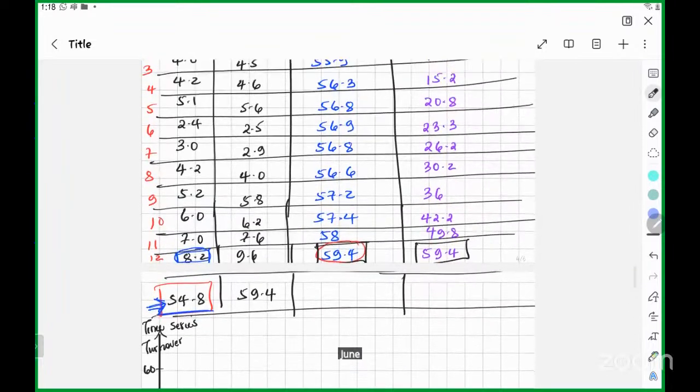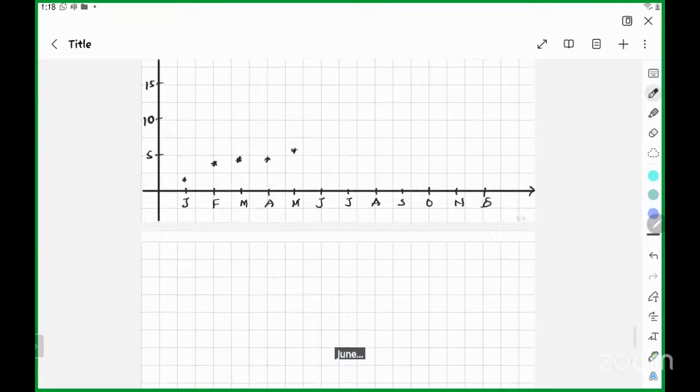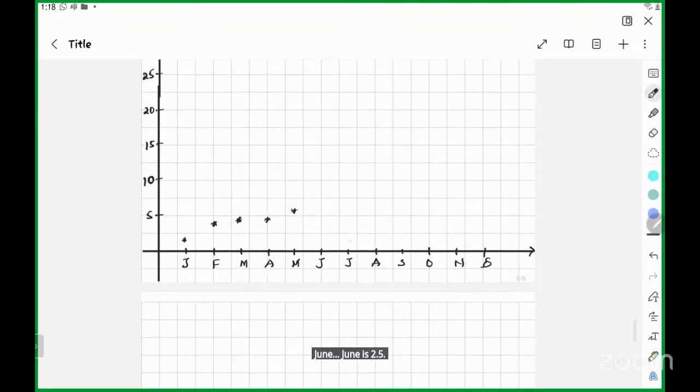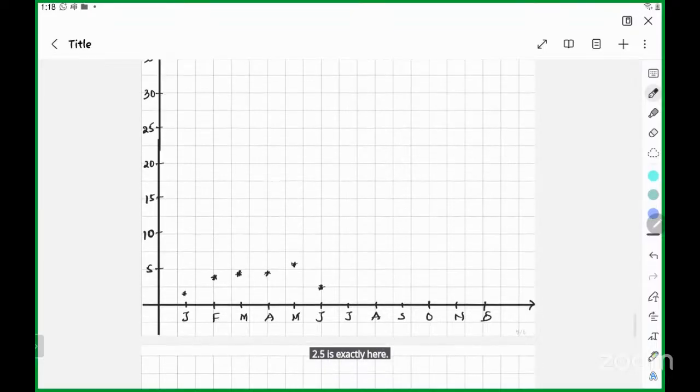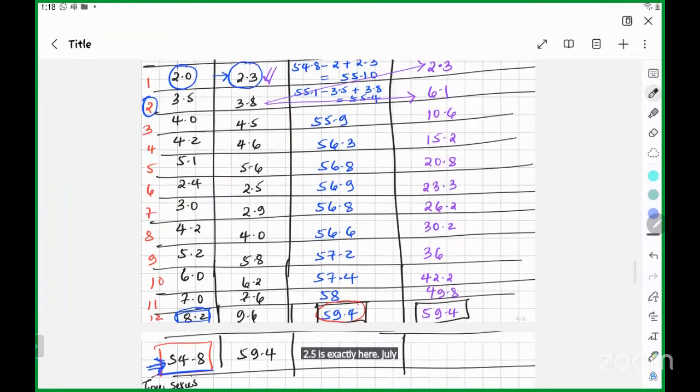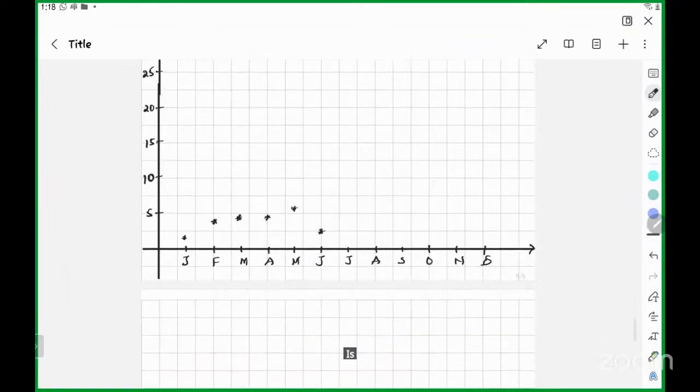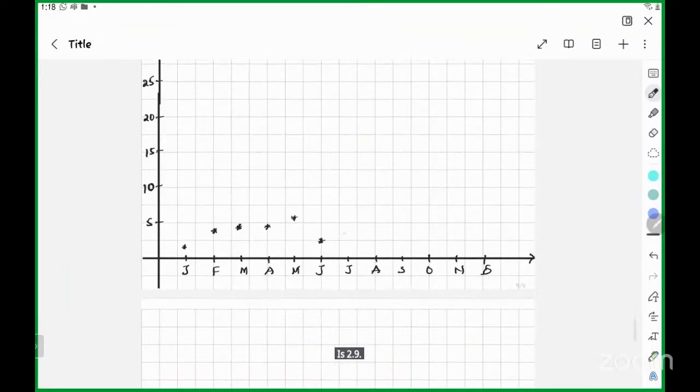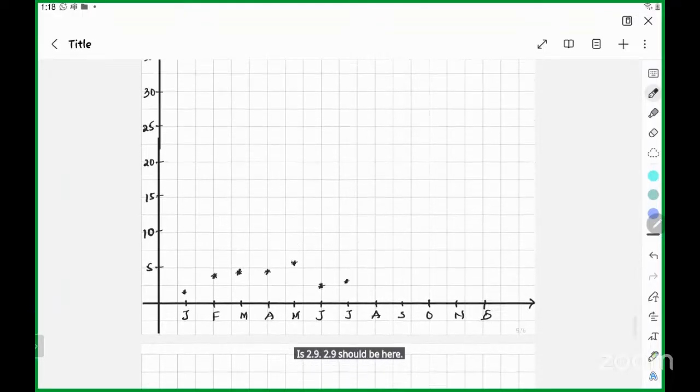June is 2.5. 2.5 is exactly here. July is 2.9. 2.9 should be here, right above 2.5.